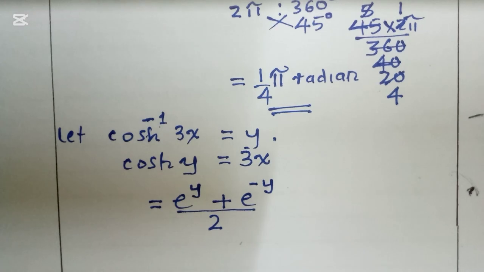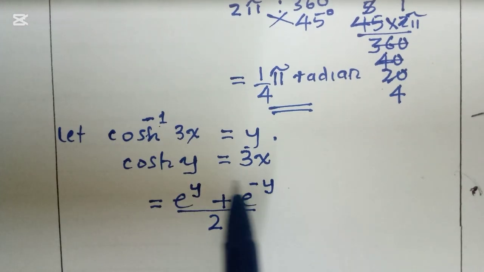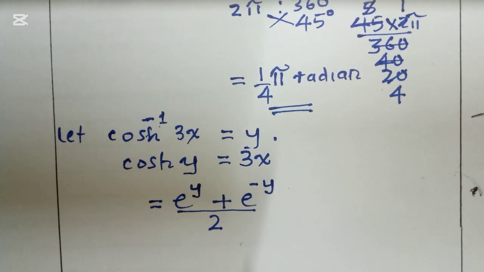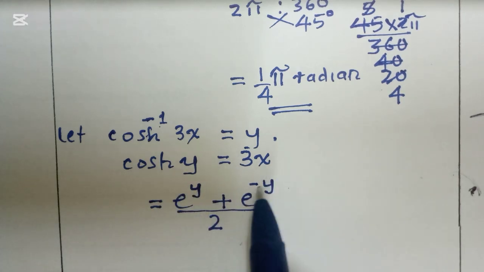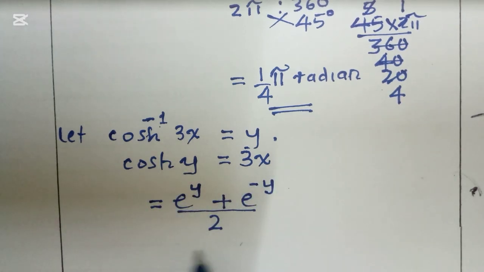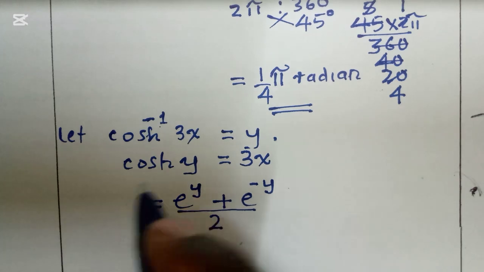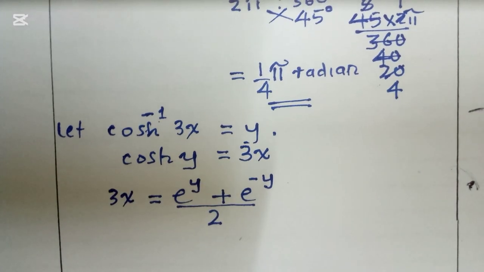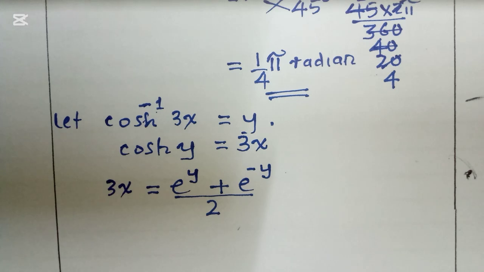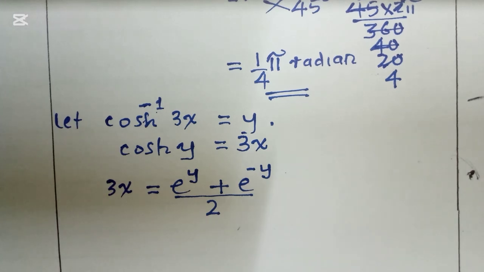Guys, that is cos y in exponential form. And now because cos y is equal to 3x, it means even this exponential expression is also equal to 3x, like that.